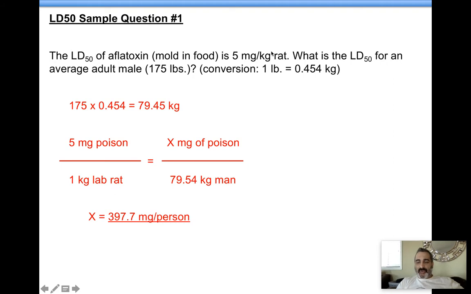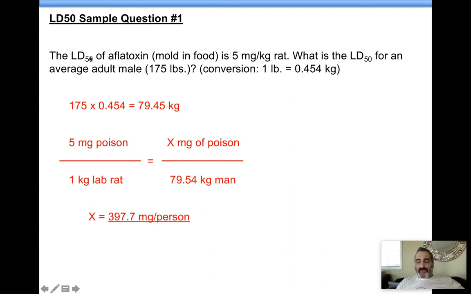When they test poisons, they test them on rats. A 1 kilogram rat is about 2.2 pounds. So 5 milligrams of poison would kill 50% of 1 kilogram rats, because it's the lethal dosage that kills 50%.